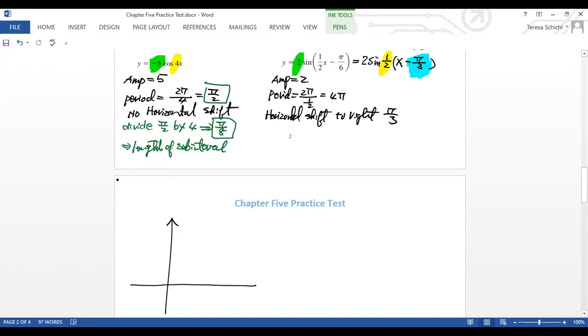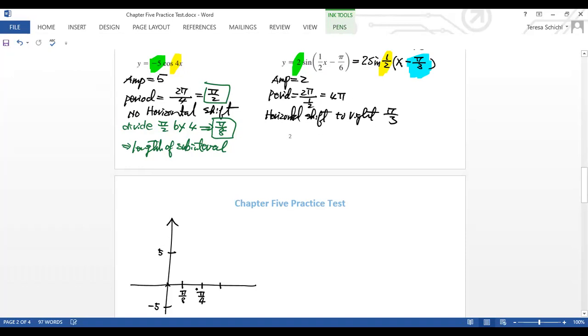Now let's try to do this one here. The amplitude is 5, so here's 5, here's negative 5. Each subinterval is pi over 8. Because there's no shift, I start here. The first subinterval is pi over 8. Then you add another pi over 8, so here is pi over 4.